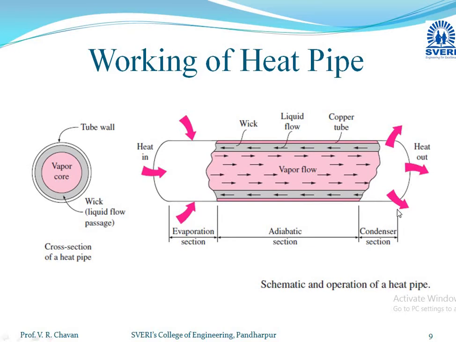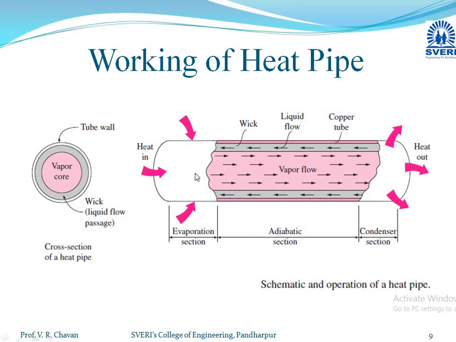Then the other end of the heat pipe is the condenser section, which is placed at the heat sink, and which will transfer the heat to the heat sink. And the section in between the evaporative section and the condensation section, whatever the length is, is called the adiabatic section.